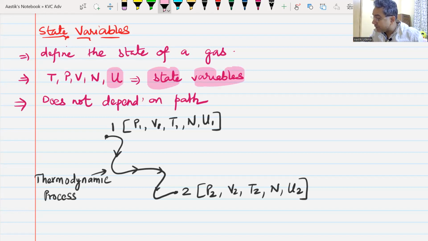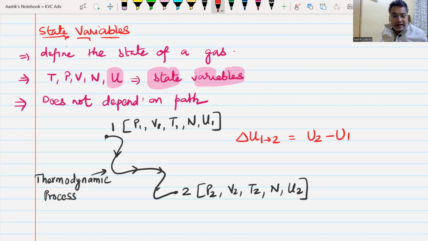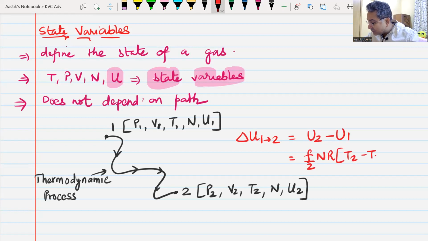So when I go from point A to point B, the change in internal energy from 1 to 2, you can simply find the energy at point 2 and subtract the energy at point 1, and that will give you the change in internal energy. It does not depend on path, so you can write it as F by 2 NR into T2 minus T1. T2 minus T1 can be written as delta T, change in temperature.